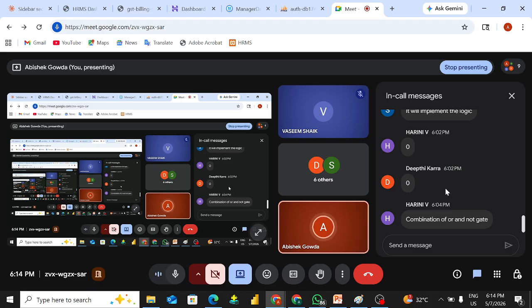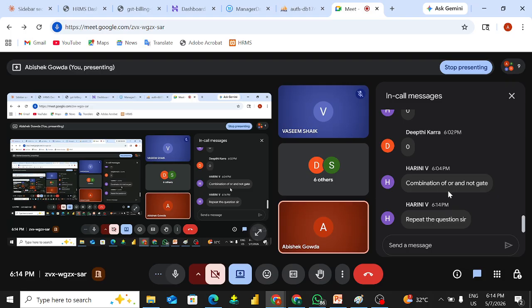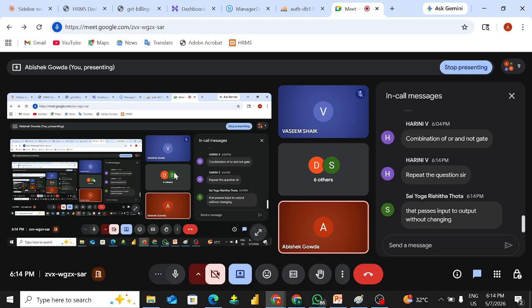If you don't know the answer, then say, sir, I've got no idea. So, repeating the question: do you have any idea about the buffer gate? Have you heard of anything regarding the buffer gate?